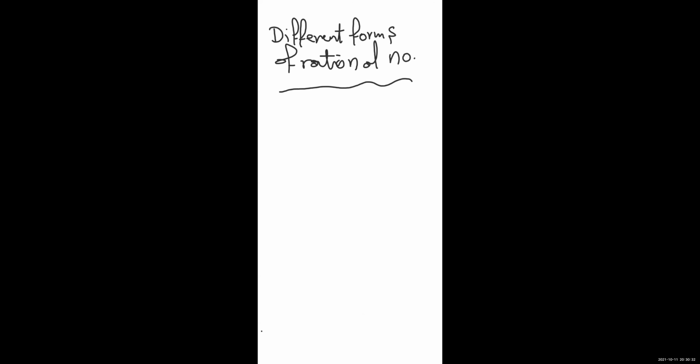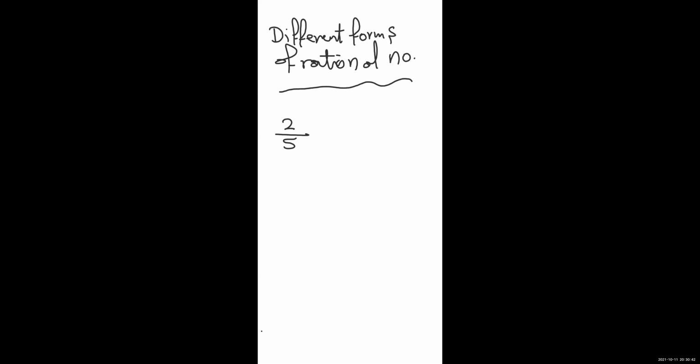Different forms of rational numbers. Okay, guys, if I write a number like this one, 2 over 5, what's the meaning of different forms of rational number?